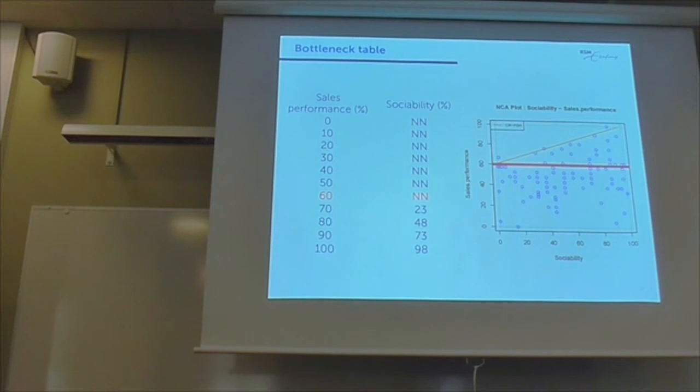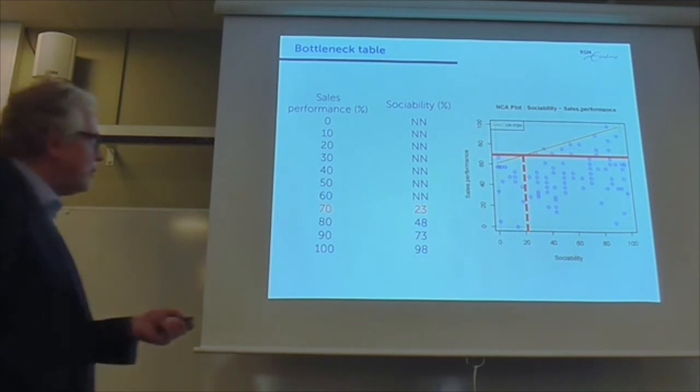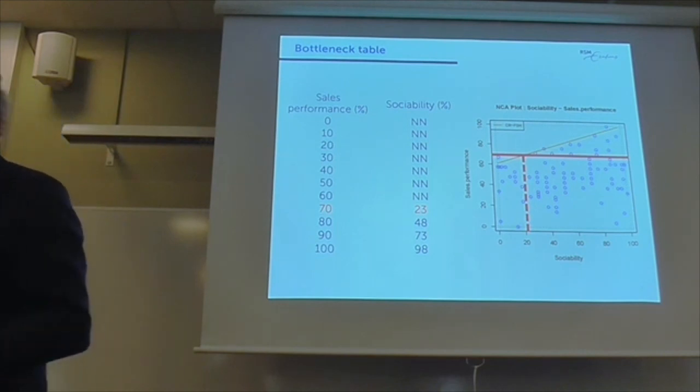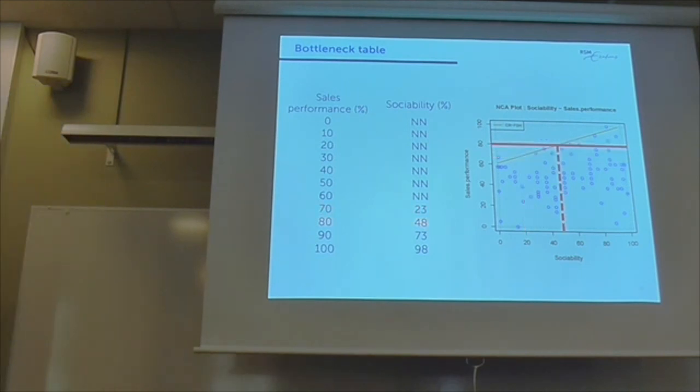Same for 60%. But at the moment that you want to get into the top, for example here 70%, you need your sales force to have at least a bit of sociability, 23%. And it goes up. So if you want to be a top performer on sales, your sales force must be really sociable.